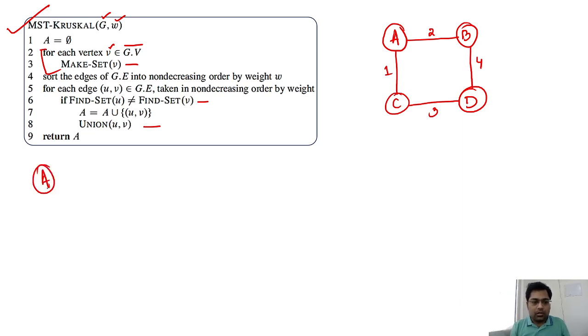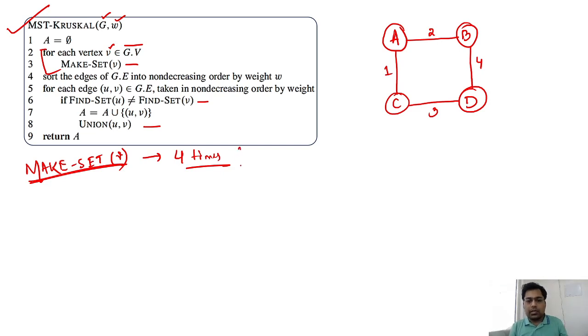Whenever we are running make set on small v, meaning the vertices, it will run four times, because it is based on the number of vertices. That is why I'm saying it runs based on the number of vertices.